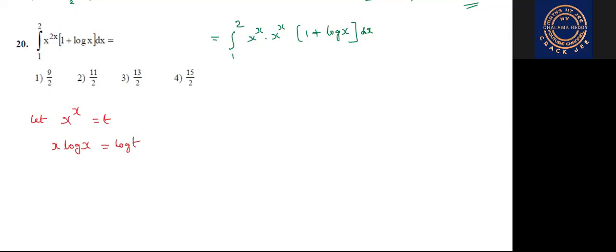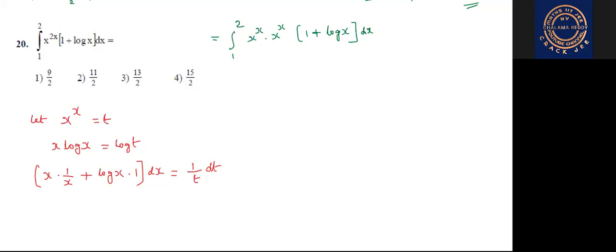Do the differentiation, left hand side UV rule, x constant, log x derivative 1 by x, plus log x is constant, x derivative is 1, into dx; log t derivative is 1 by t dt.